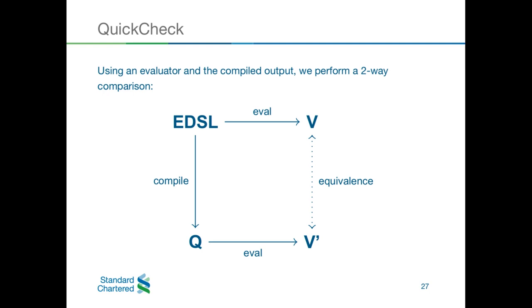Here's a nice diagram, I think, where if we start with terms in the DSL, there are 2 ways to get values. I can compile to Q and then use the Q runtime to evaluate the program. Or I can just go straight through the Haskell evaluator. What I want, of course, is equivalence between these 2 values.